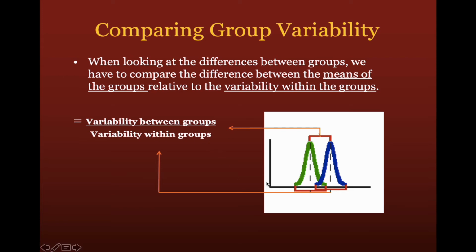The variability within the group is how the scores vary around our two means. And what we're trying to do is form a ratio. You'll see this as we go through and talk about t-tests and also f-tests. We're looking at between-group variability, the difference between our means, and within-group variability, which is the variability around those means. And we form a ratio for this.